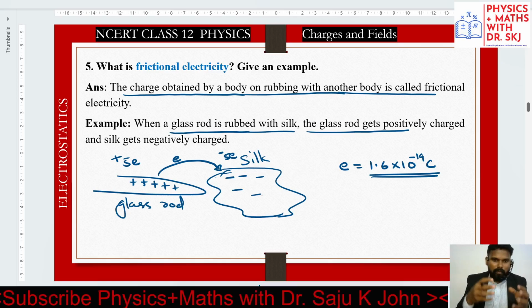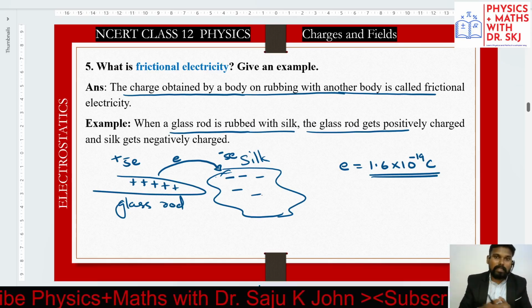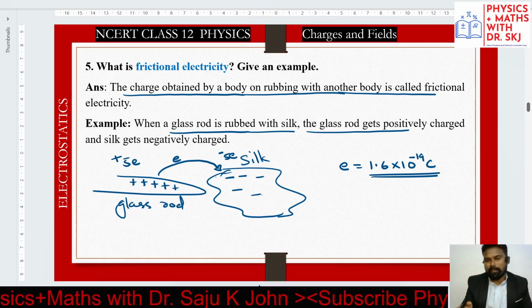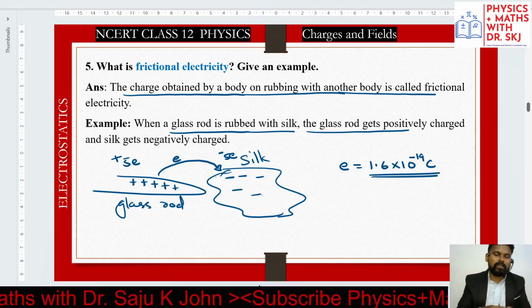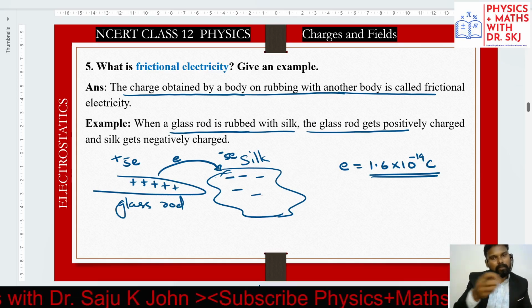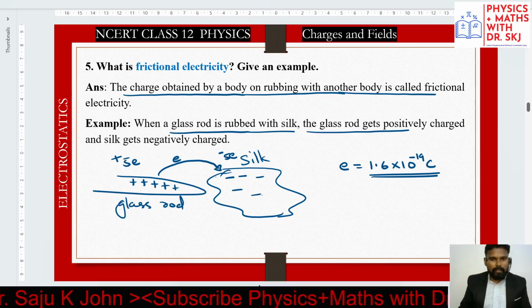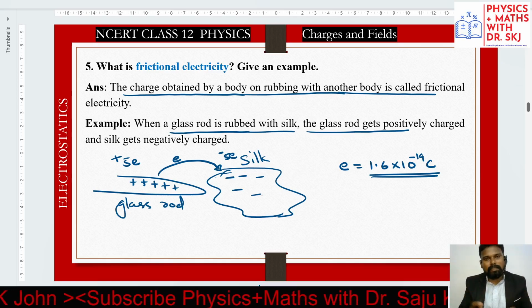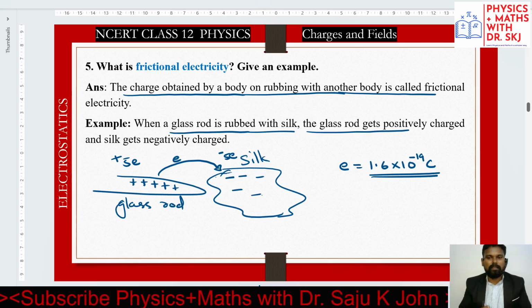So from the material in which the electron is loosely bound, the electron will move to the other material. That means in this case, in the glass rod, the electron is loosely bound, so electrons will come out of the glass rod and stick to the silk. Okay, so these two bodies get charged by the transfer of electrons.